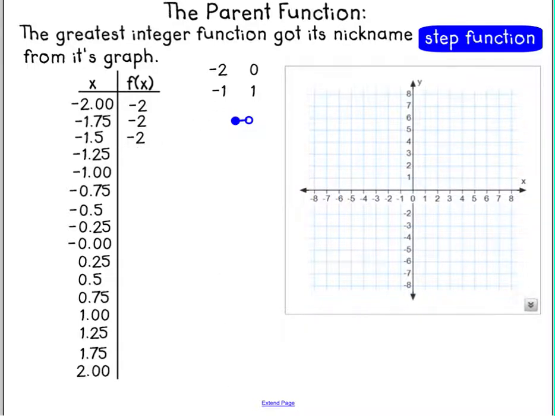If you're having trouble visualizing that, on your number line, here is negative 1, and here's negative 2. All of these numbers fall between negative 2 and negative 1 on the number line.